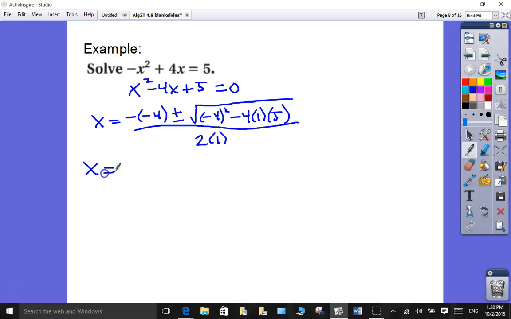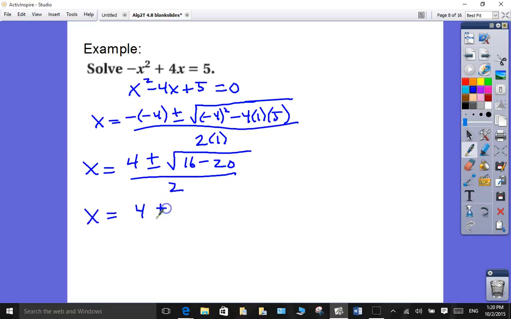X equals positive 4 plus or minus the square root of 16 minus 20, divided by 2. So x equals 4 plus or minus the square root of negative 4 over 2.